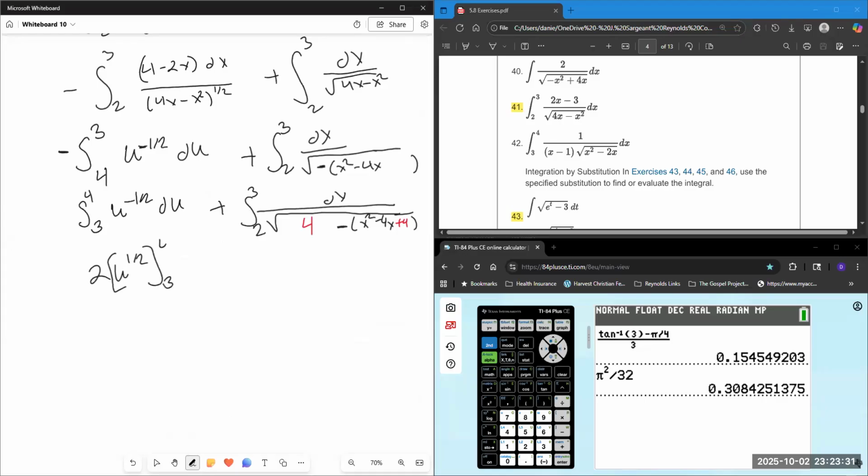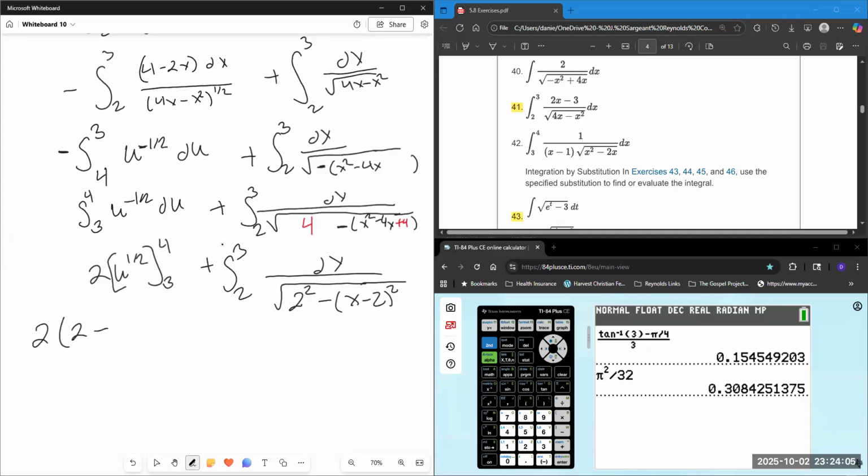This goes from 3 to 4 plus, and now I have, let me finish this up, 2 to 3 of 2 squared minus x minus 2 squared dx.